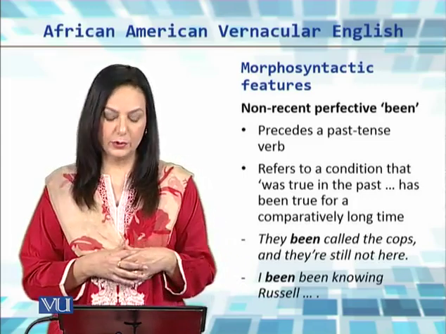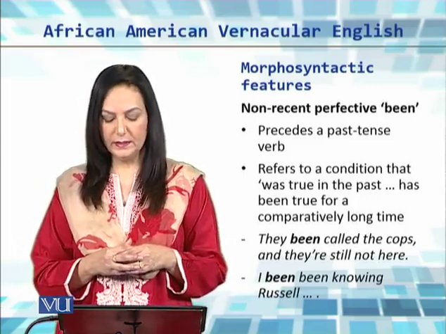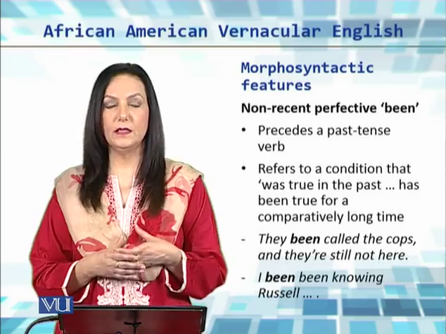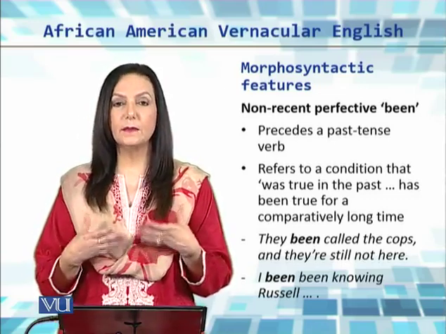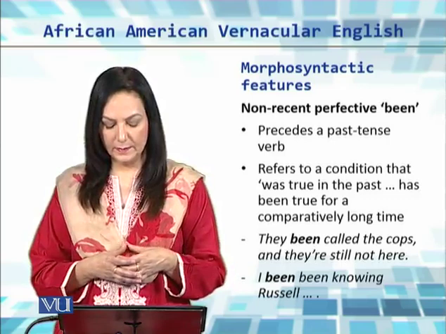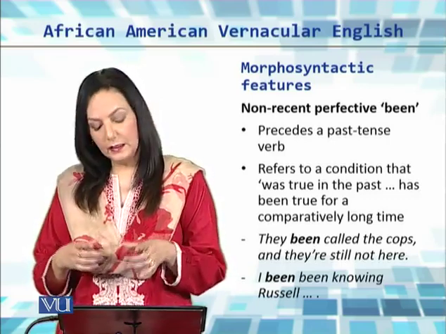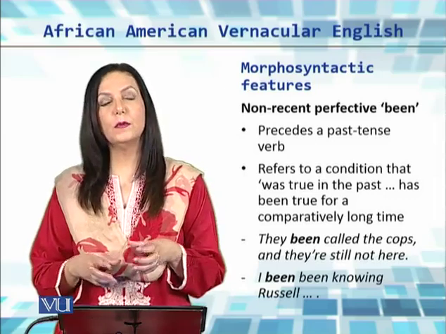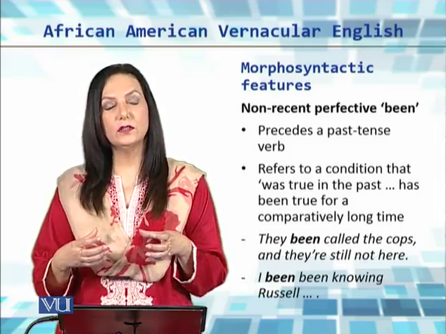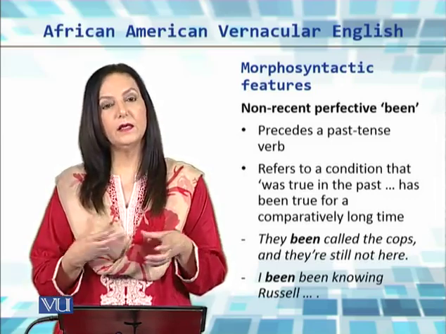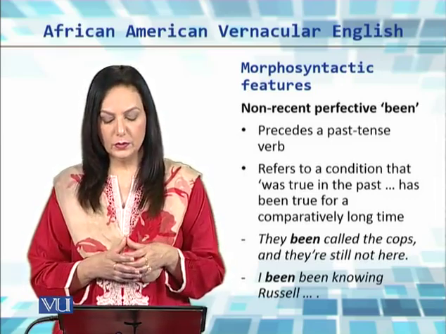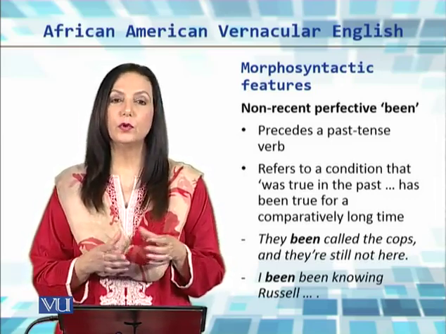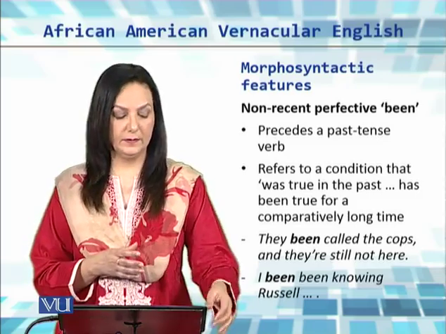As this example shows, they been called the cops and they are still not here, which means that the cops were called some time ago and they have still not come. Similarly, I been knowing Russell. So the been is used to emphasize the duration for which the speaker has known Russell. So it is used to show non-recent perfectivity.